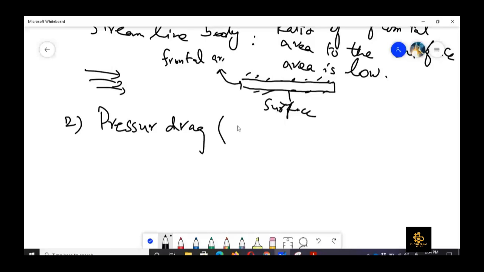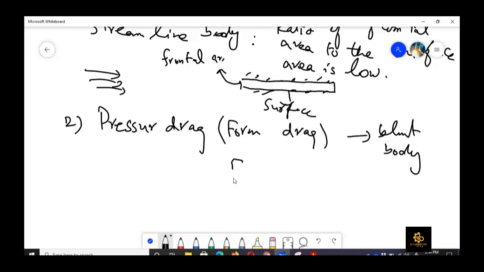We also call it form drag. This component of drag is usually where we have a blunt body. Blunt body means the frontal area is more.